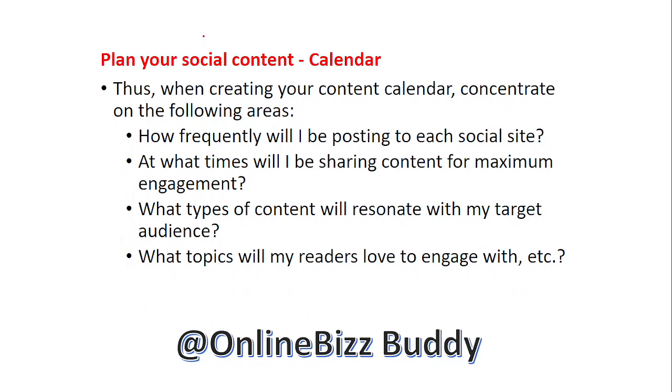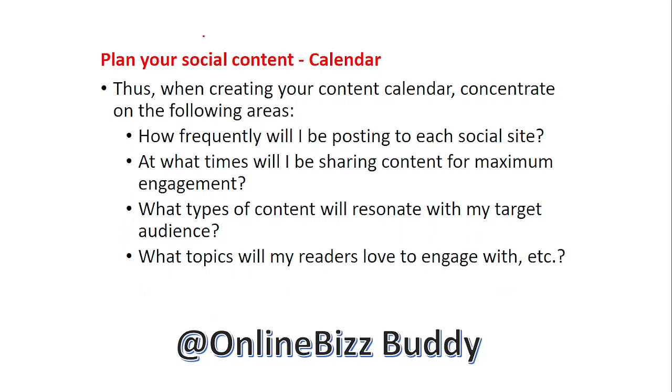How frequently will you be posting to each social site? Maybe you have 5 social sites where you want to post your content. At what times will you be sharing your content for maximum engagement? Now, this one takes us to understanding who our audience are. At what time are they available online, and where do they access our platforms from?